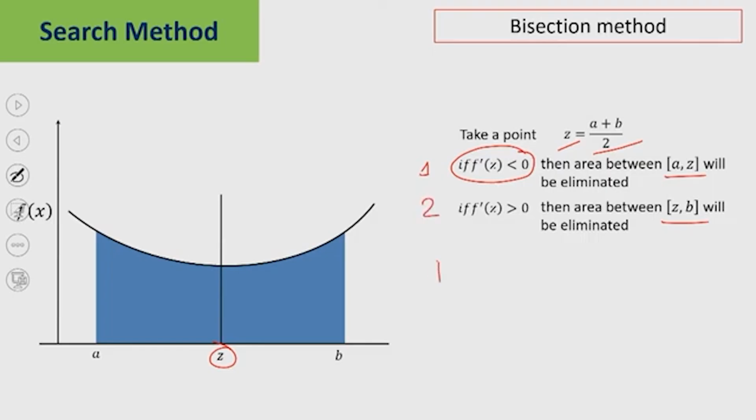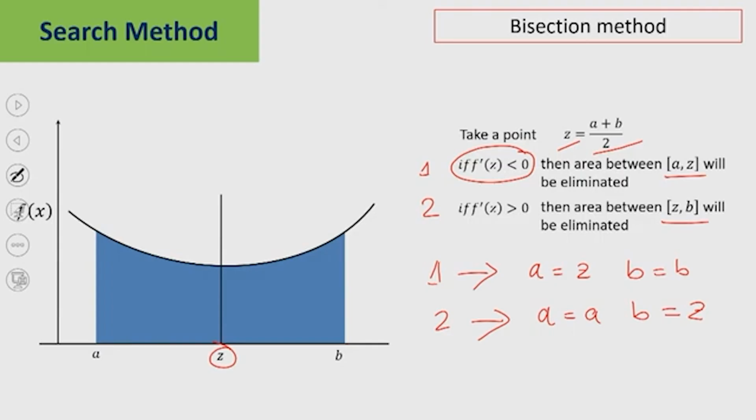Now, if 1 is true, that means the derivative at z is less than 0, that means we are eliminating A z. So, in that case A will be equal to z, and B will not change, B will be equal to B. Now, if the second condition is true, in that case we are eliminating z b, that means A will not change, in that case A equal to A and B equal to z.